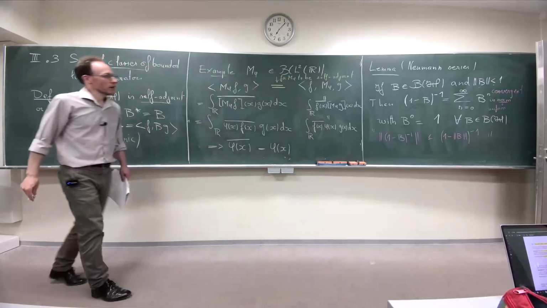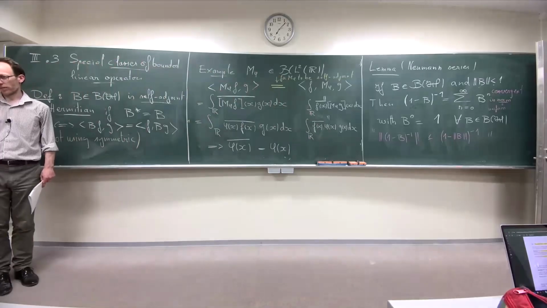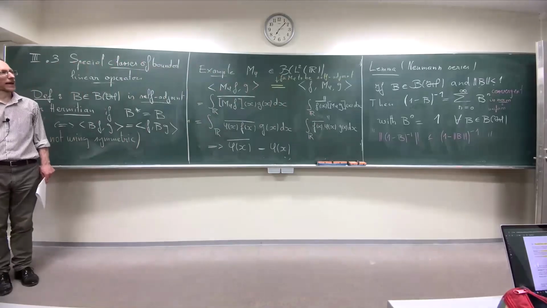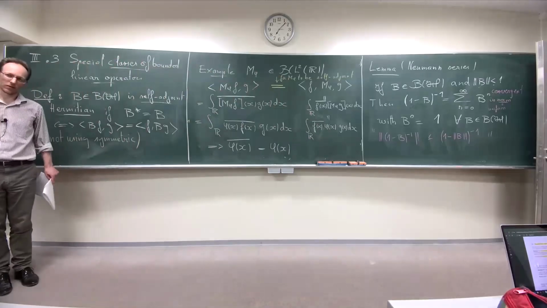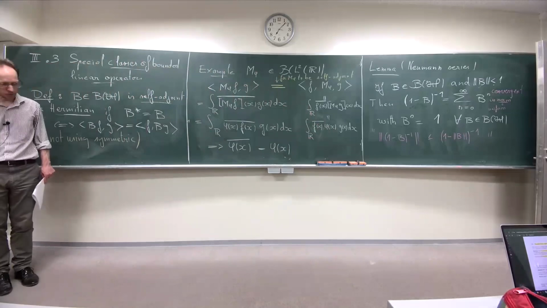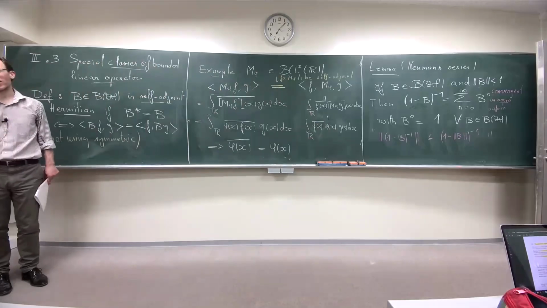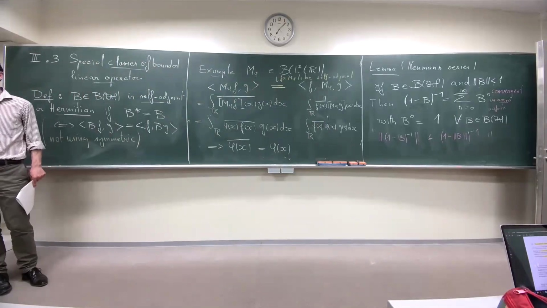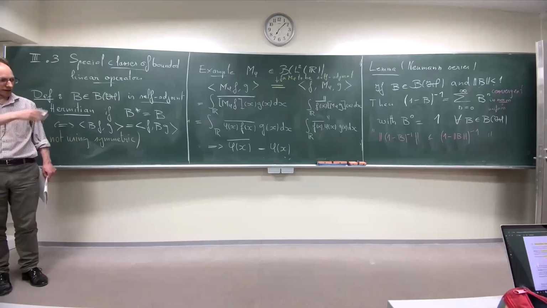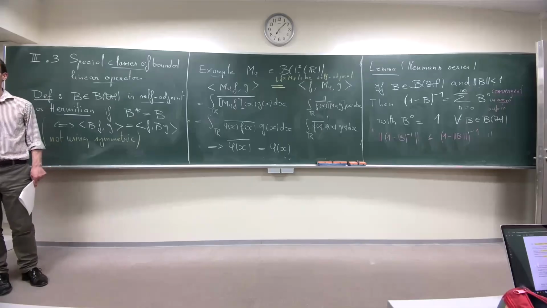I could write almost everywhere, but I took phi continuous, so no problem. Almost everywhere you can forget it. If you take phi in L infinity, you can change phi at a few points, so I can just take it almost everywhere.